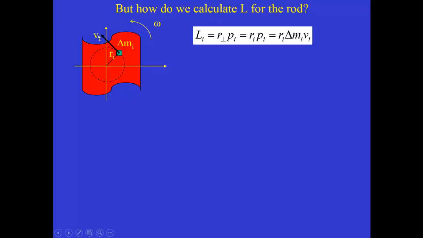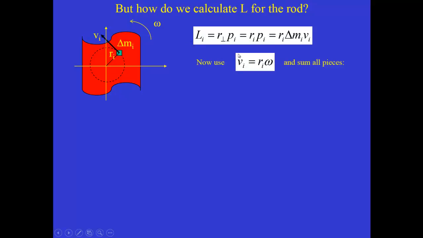Well, p will be delta m times v, and the perpendicular distance, because that object is in circular motion around the axis, is simply r. So we have r sub i times p sub i, and p is delta m v. So that gives us the contribution of that one little piece to the overall angular momentum of the object.